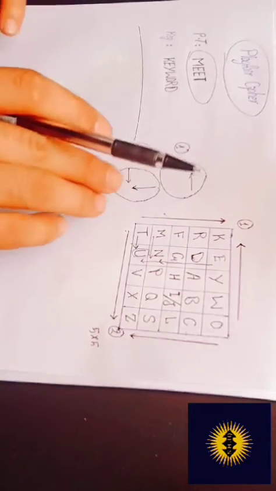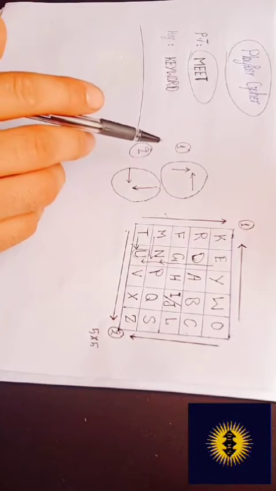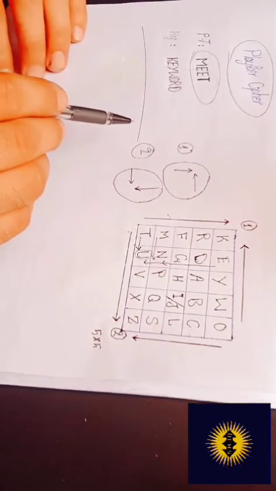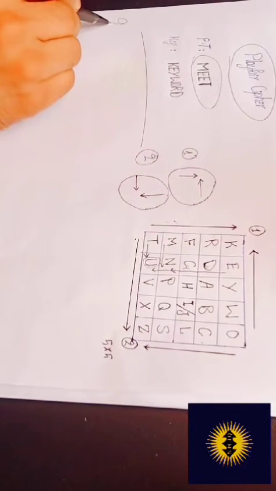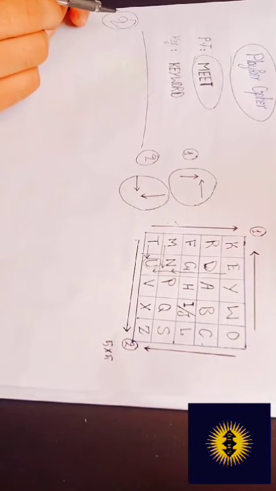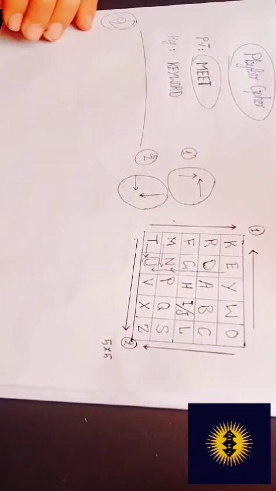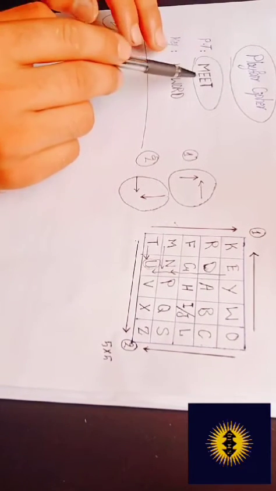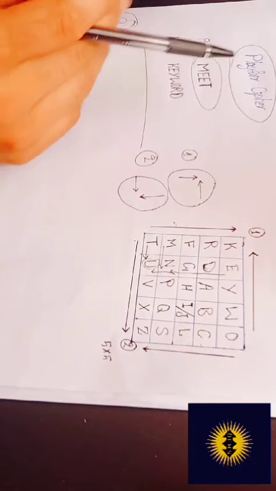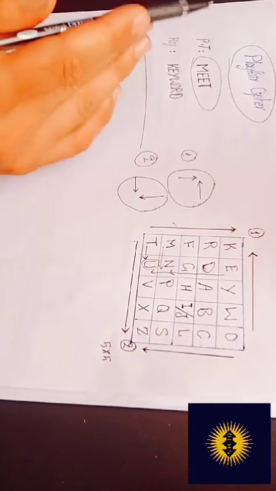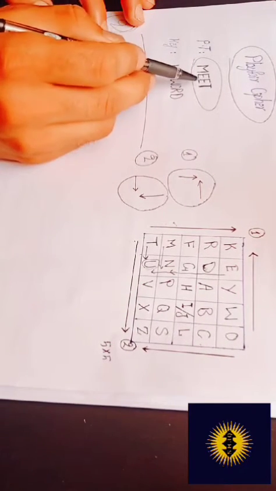The second step for doing encryption in Playfair Cipher is that we have to separate all the letters of our plaintext in a pair mode, or we have to arrange them in a pair mode, like M-E-E-T.